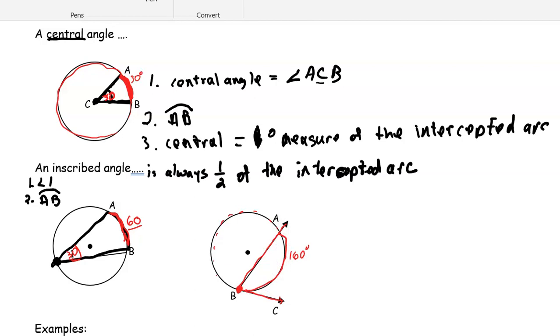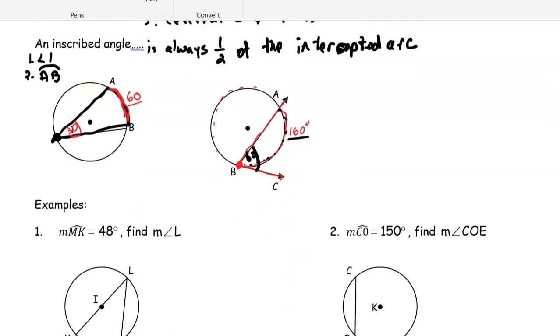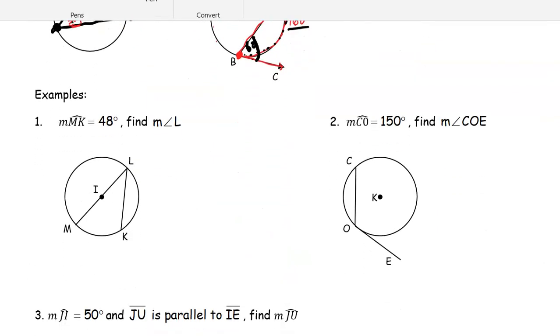Then we would know that this inscribed angle is always 1/2 of the intercepted arc. So this is the arc that's created by that angle. This has to be 1/2, so this would be 80 degrees versus the 160. So always half of the arc. Okay, so little examples that will kind of show what that gives you.